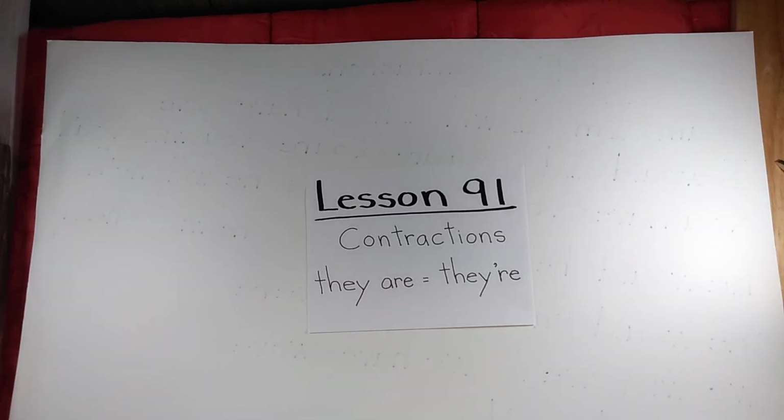And we will see you there in lesson 91, but it's not the there spelled like this, because that means they are. It's a there meaning a certain location. And that location is lesson 91.